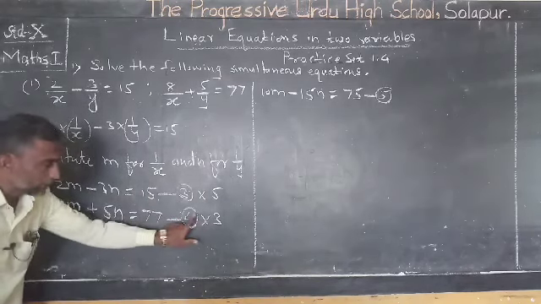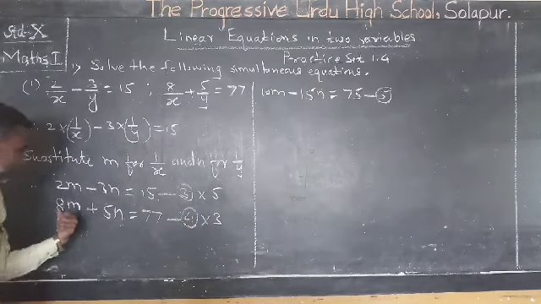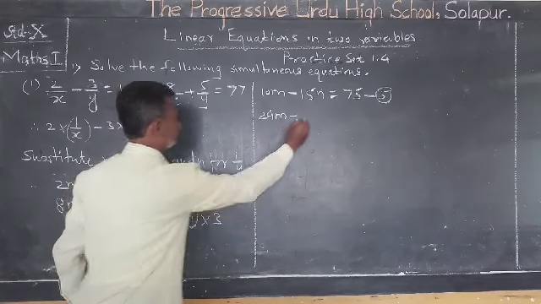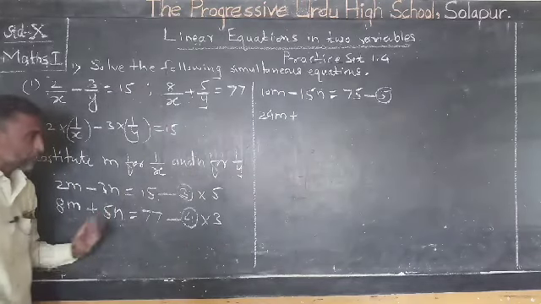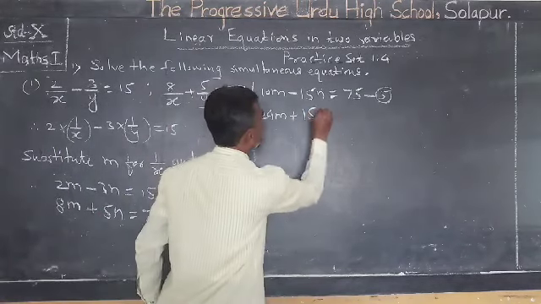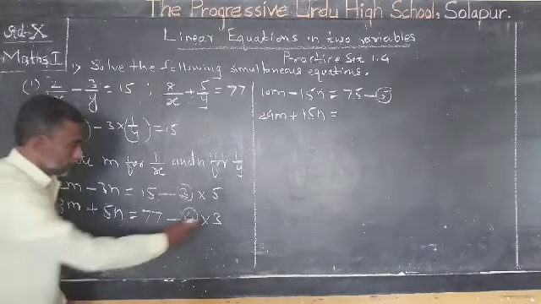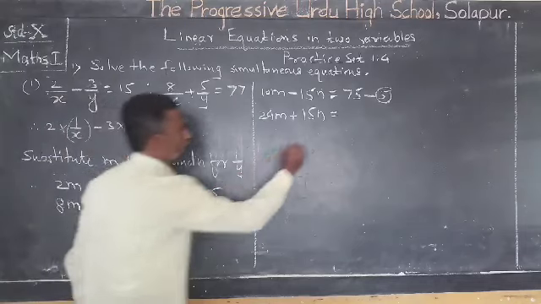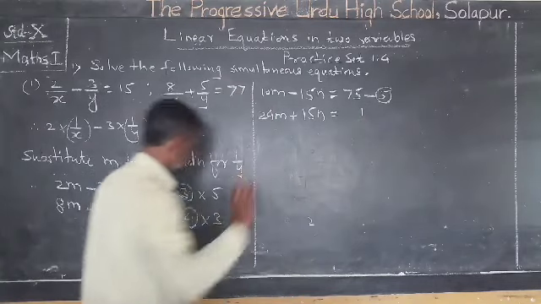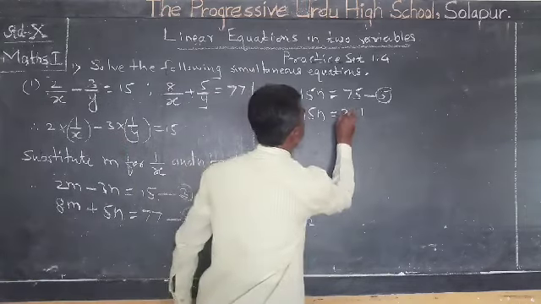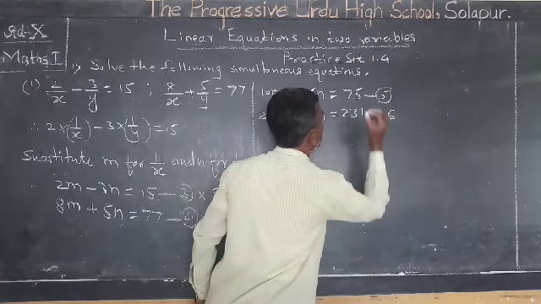Now, I am going to multiply equation number 4 by 3. 3 8s are 24m plus 3 5s are 15n is equal to 77 into 3. 3 7s are 21 plus 2, 23, so 231. This is equation number 6.